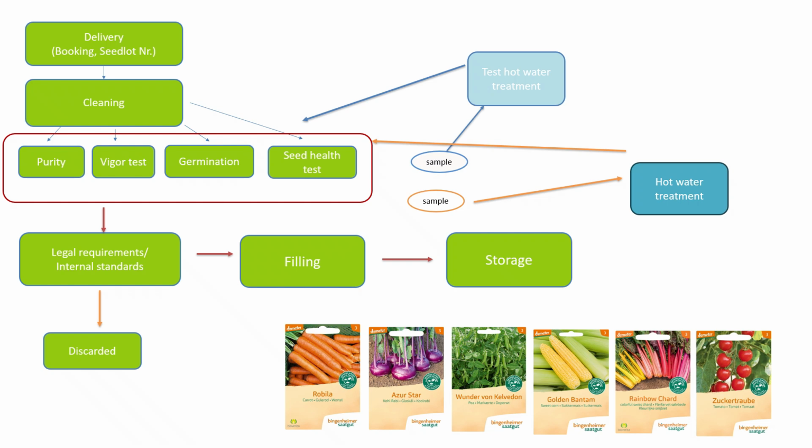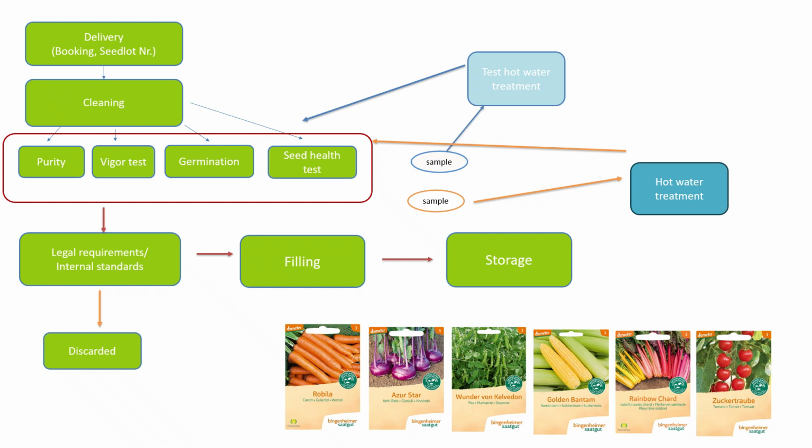Based on the results of this test sample, a decision is made on whether to proceed with full-scale treatment and also at which temperature and duration it is to be done. After that, the hot water treatment is done for the whole seed lot.